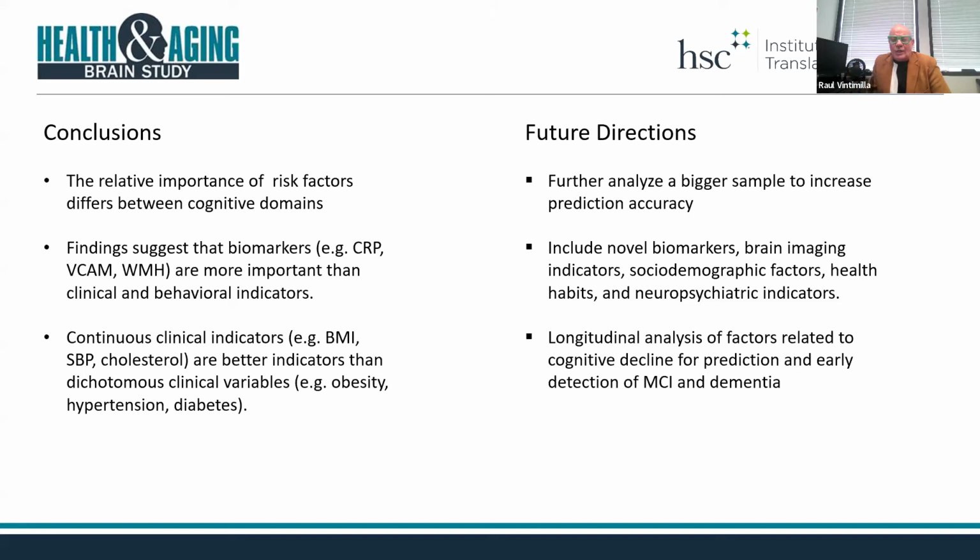And after we have the main risk factors in our cohort, we think it's very important to do a longitudinal analysis of factors and see really the factors related with cognitive performance, which ones are actually related to cognitive decline and can predict MCI or dementia. Next slide, please.